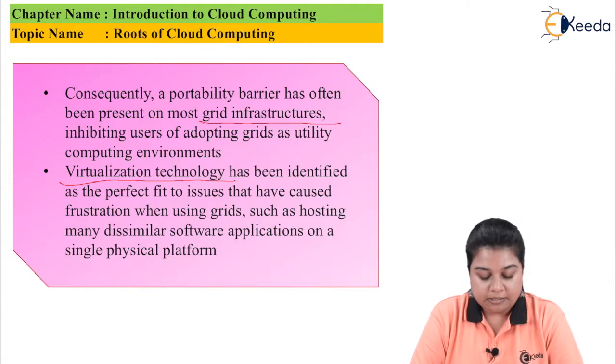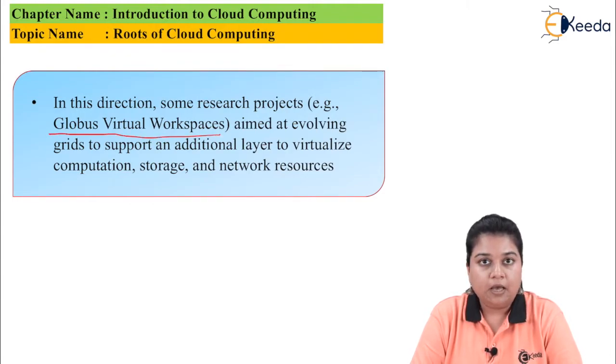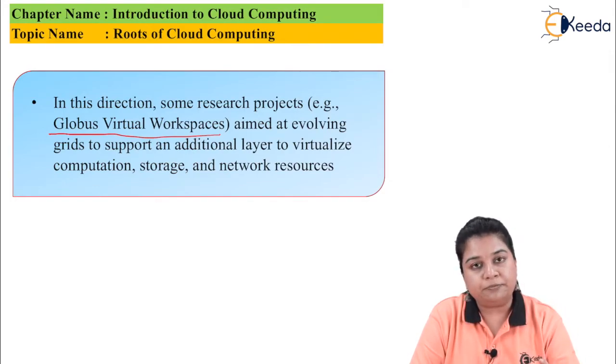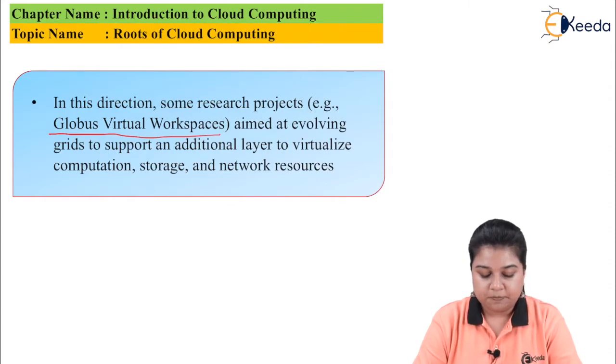Here, dissimilar software applications means various software applications which are not the same in features and operate on different platforms, but we want them to perform a similar task in a given environment. Virtualization technology provides that solution for these dissimilar software applications.